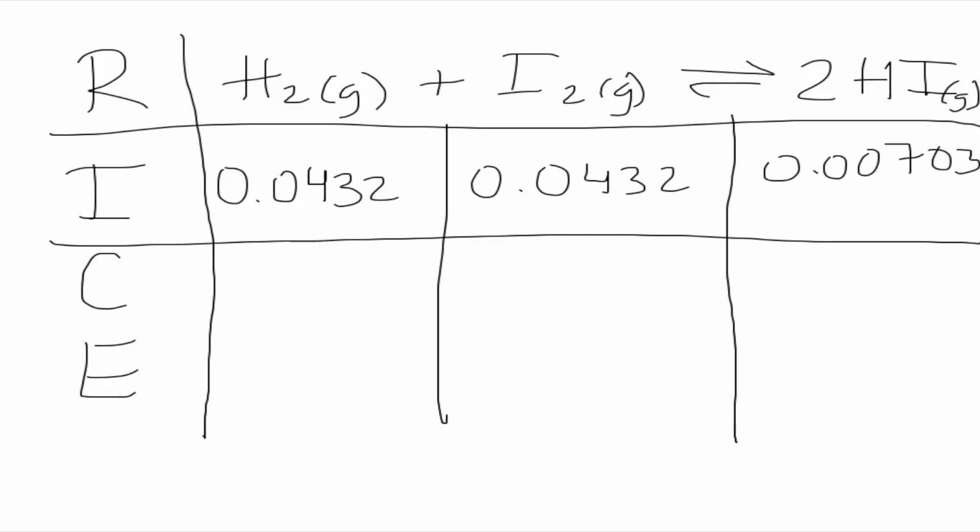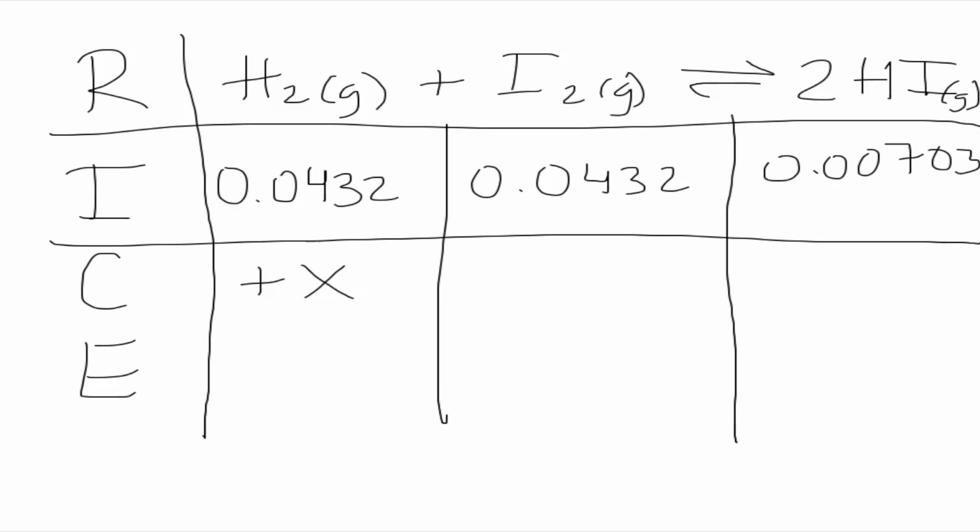C was change. We determined this by comparing K to Q, and we found out that the reaction proceeds towards reactants, meaning more reactants are going to be formed. So this value is going to increase by plus x.